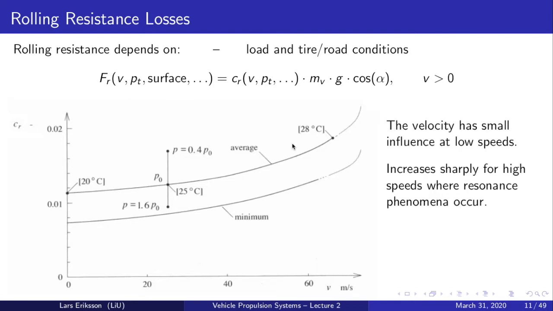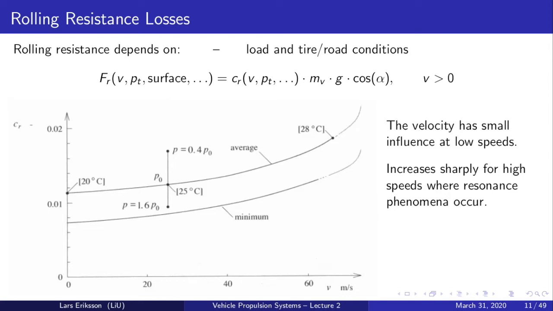For normal driving, we have a fairly flat curve here, so not much is happening. The velocity has a fairly small influence for normal driving, where we have low speeds. Then it starts to increase rapidly when we go up to higher speeds and when we go up to the limitations of the tires. Different tires have different maximum velocities.